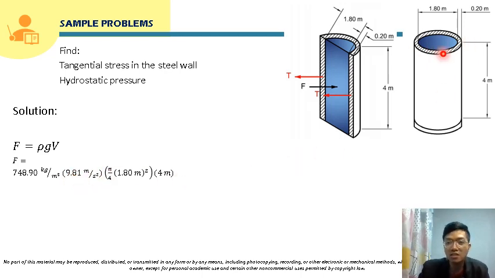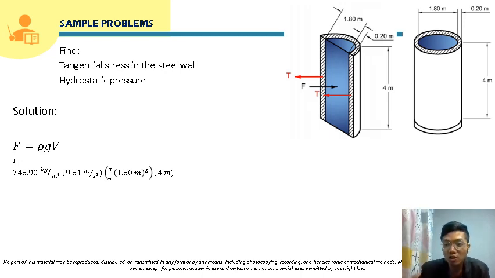The volume of the cylinder is just the volume of the inner wall. That is the area of the inner circle, which is pi over 4 diameter squared if it is in diameter, or pi r squared if we use the radius.